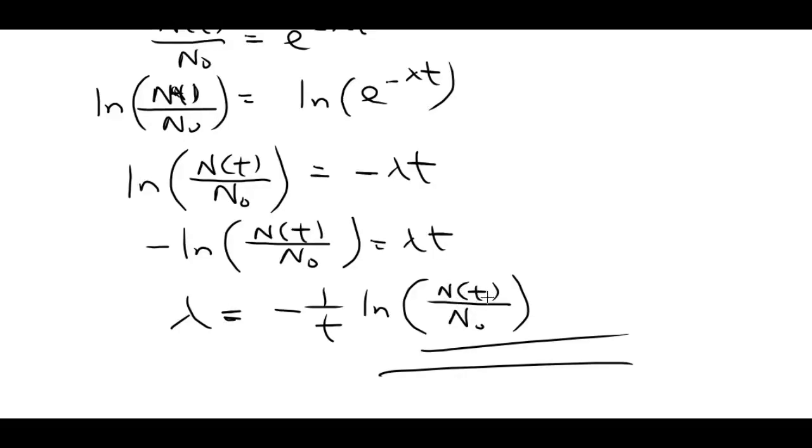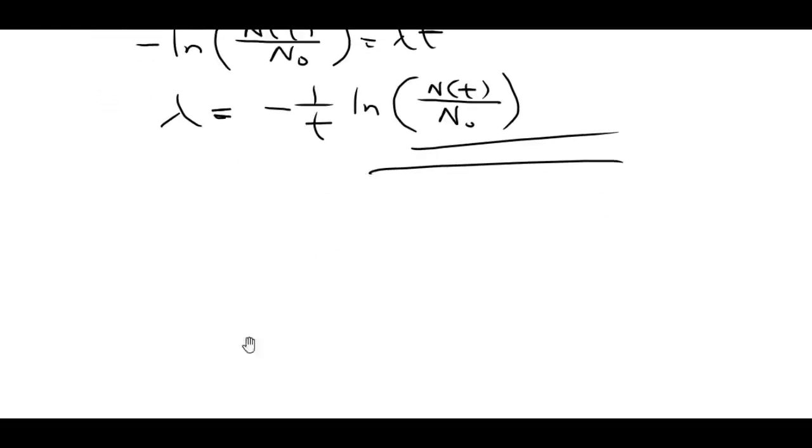N(t) is the number of undecayed nuclei or the remaining nuclei at time t. N naught is the initial count rate or the initial number of nuclei or the initial radioactive atoms. And t is the time taken or time elapsed. Now, this formula is suitable if you have access to a scientific calculator. But for the sake of UTME, where you will not be allowed to use log, ln, whatever. So, how do you calculate the remaining quantity of a radioactive material?